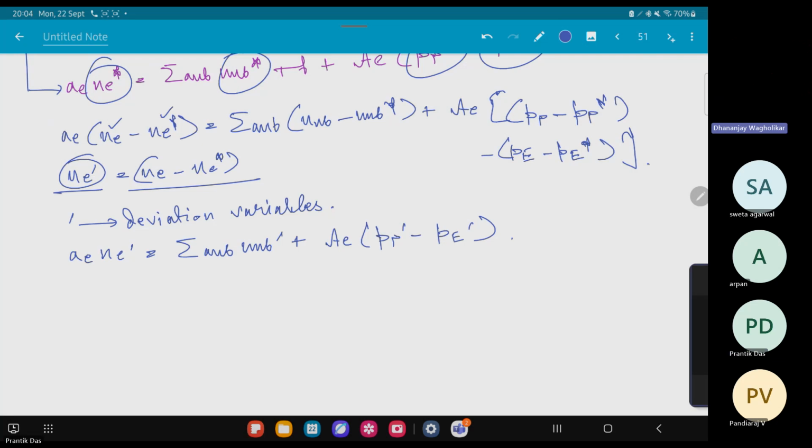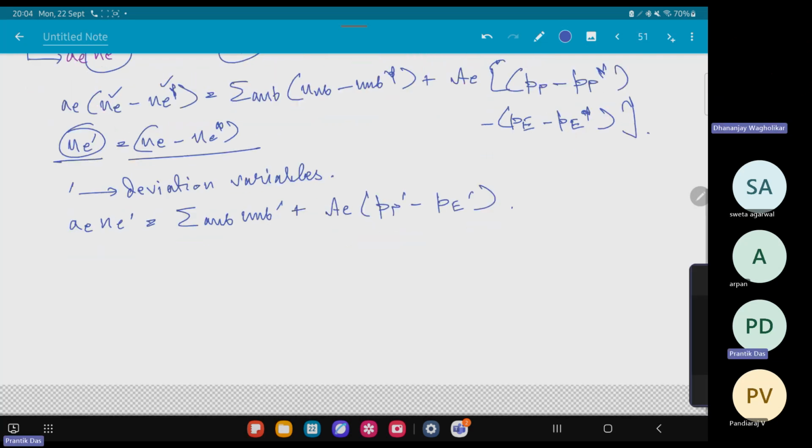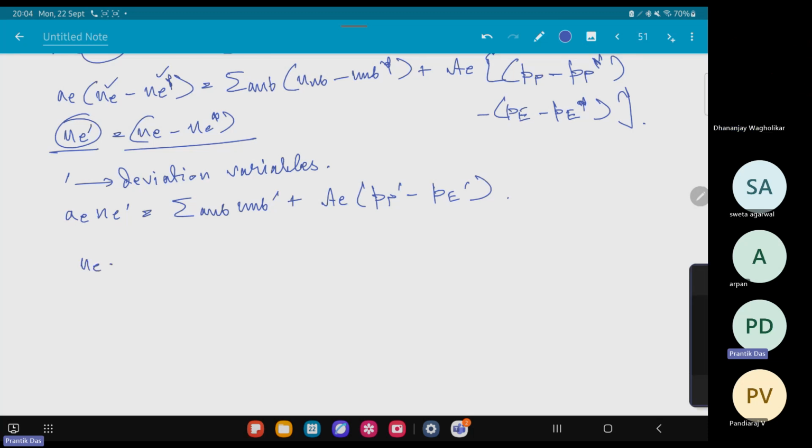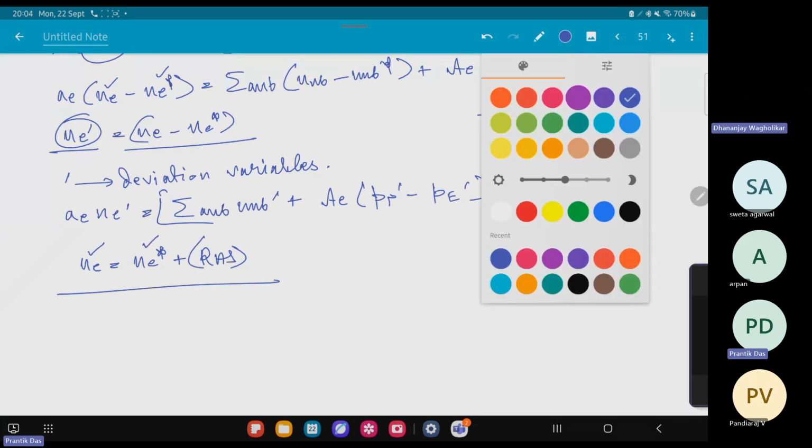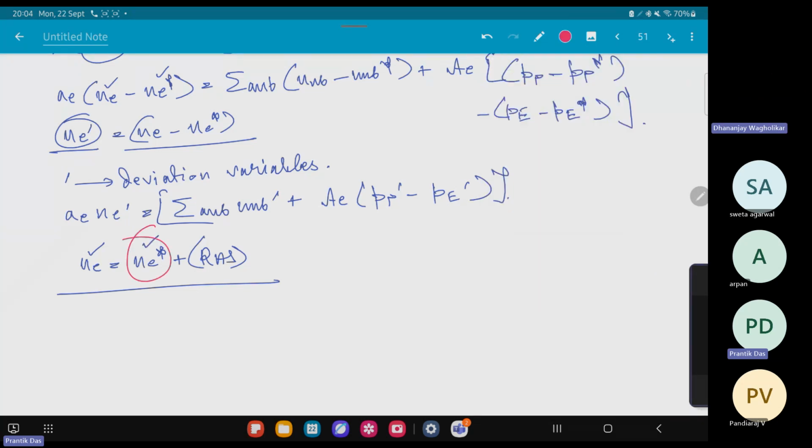If I want to find the value of the variable itself, it is EV star plus the right hand side of the equation, which I have to find in order to get the true value of EV. EV star I already know, because this is the guess value that I took while starting to solve the equation.